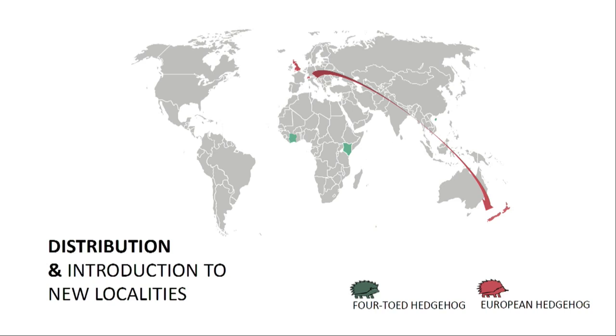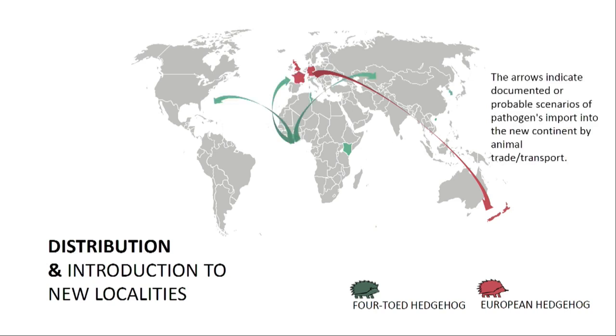That's because the four-toed hedgehog became a very famous pet animal, and hedgehogs were spreading to many households all over the world, and also their pathogen was spreading all over the world.